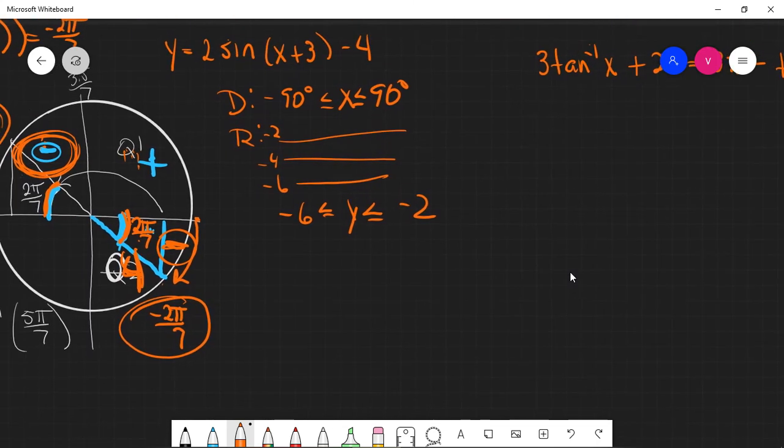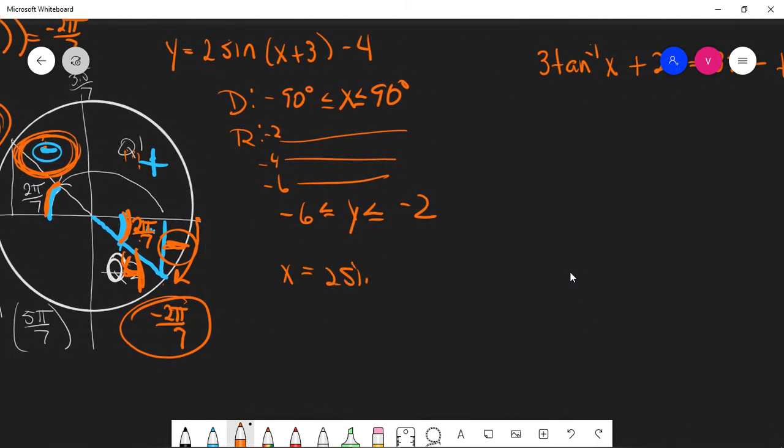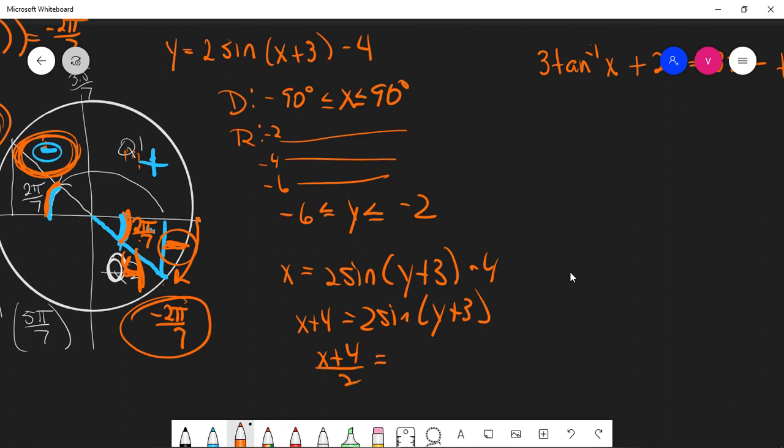And then you just switch the x's and the y's. X is equal to 2 sine y plus 3 minus 4. Solve for that. So x plus 4, divide by 2, do the sine inverse.